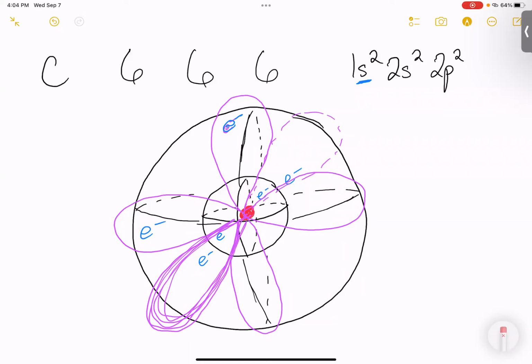When you get to the P, you put 1 in each orbital. So 1 is 1, 1 is 1, and 1 is 1 before you pair up. But past that, right now, it doesn't matter. Questions? I'm trying to give you a sense of what it looks like, but again, my drawings are not the best.